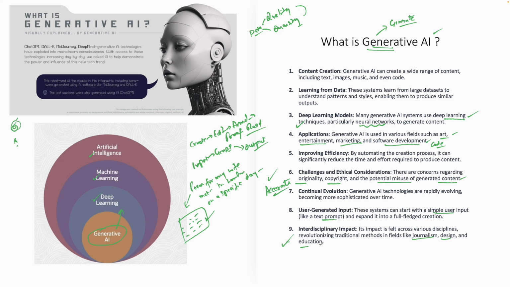For the moment, it's best to understand that generative AI is a subset of deep learning, and as the name suggests, you're generating or creating new content. That's the major difference. In the next video, we'll look at the difference between predictive AI and generative AI. Thanks for watching.